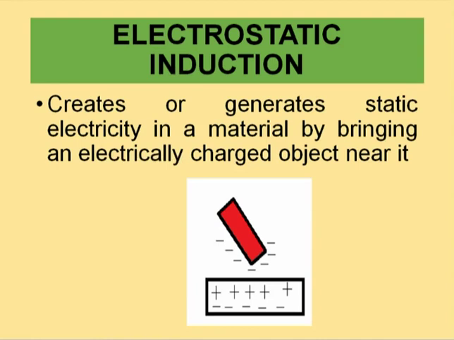Hence, if an electrically charged object is brought towards a non-conducting object, there are bound to be some electrons or some ions which move to one side of the molecule which face the charge.